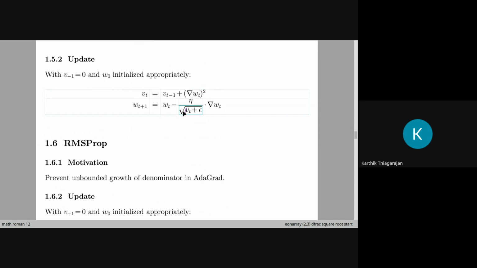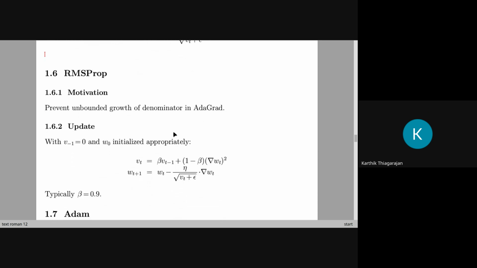If the effective learning rate tends to zero, then no matter what the gradient is, this part will become zero, so you will no longer learn. Learning will stall, and that is something we want to avoid. We want learning to happen as long as we haven't converged to the minimum, and RMSProp comes in to prevent this unbounded growth.